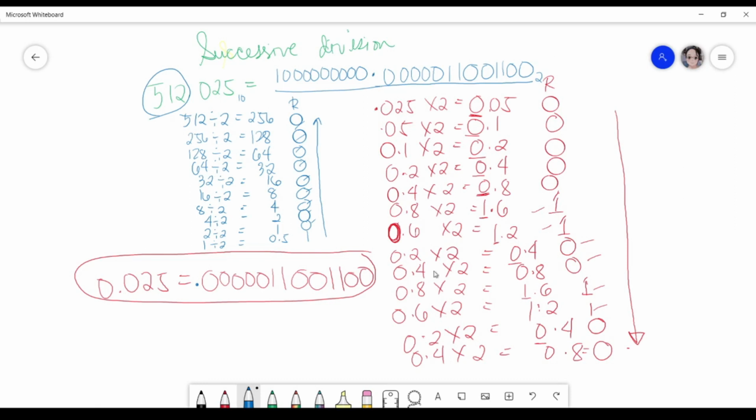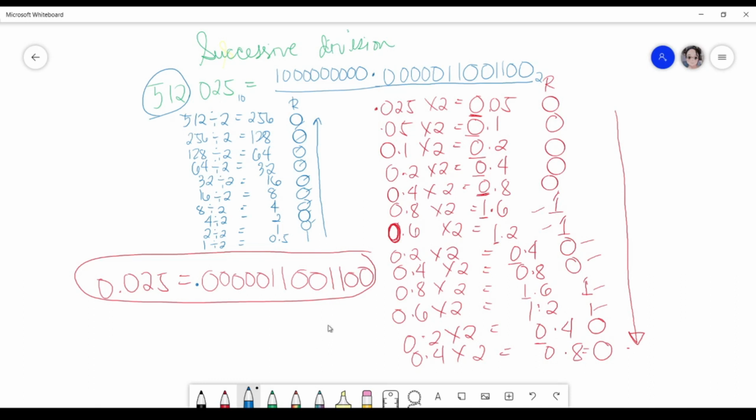Okay? So I'll try to check the value of this binary form, especially for 0.025, whether the value in binary form is correct. The value that comes out is equivalent to 0.0249. Okay, so it's almost 0.025.